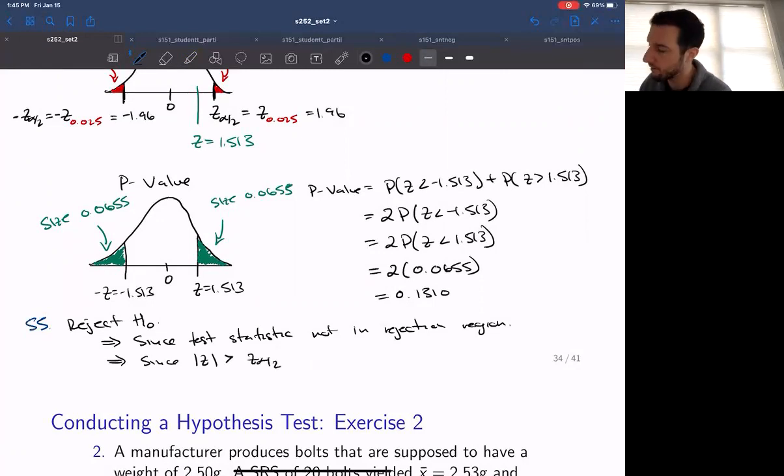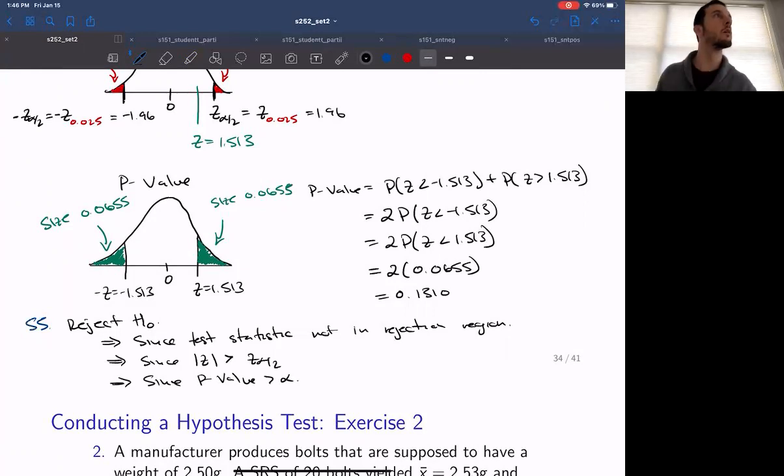That would be one way of expressing it. Or we do not reject H naught since the p-value is greater than alpha. Sorry, I said less than at first; it should be greater than. Thank you.